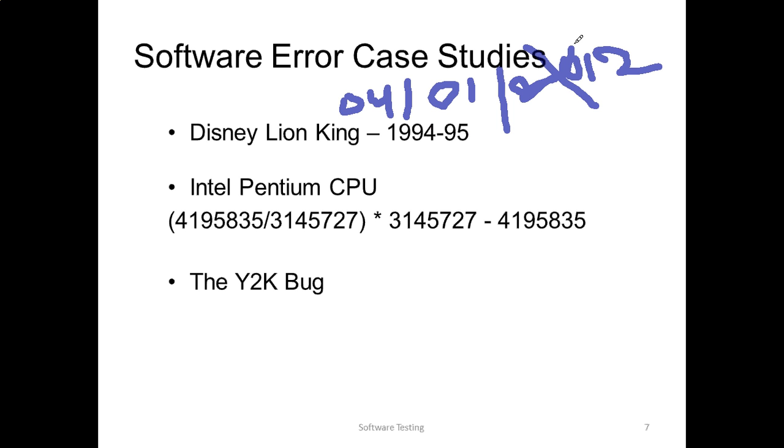They rectified and corrected this problem, but before that, there was much anticipation of what's going to happen in 2000 if we were not going to fix it. They spent a lot of money to fix these problems.